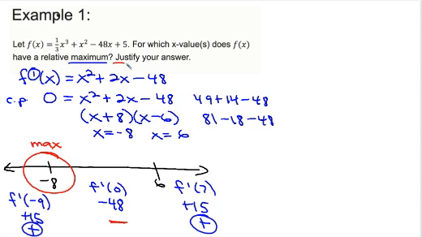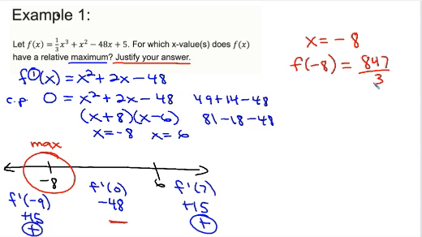But notice, we're told to justify our answer. Now, the x value of the maximum is negative 8. Okay? So the x value is negative 8. The actual maximum happens at f of negative 8, which I'm just going to tell you that value. It's 847 over 3.